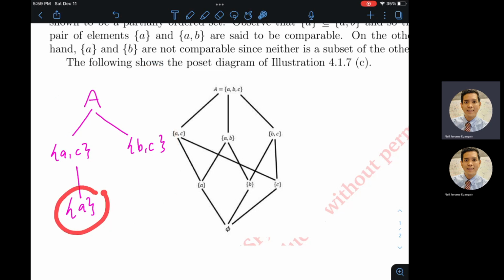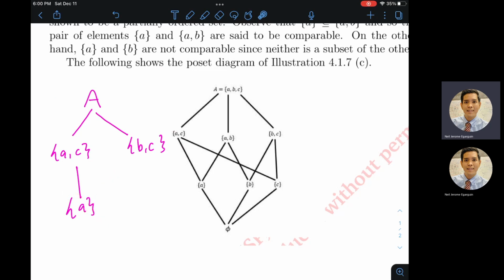Bakit? Kasi si set containing A doesn't precede the set containing BC because the set containing A is not a subset of the set containing BC. So, pag kumuha ko ng apat na elements ng power set, tapos dinrawing ko yung poset diagram, makikita ko na yung restriction ng partial order ay walang first element.